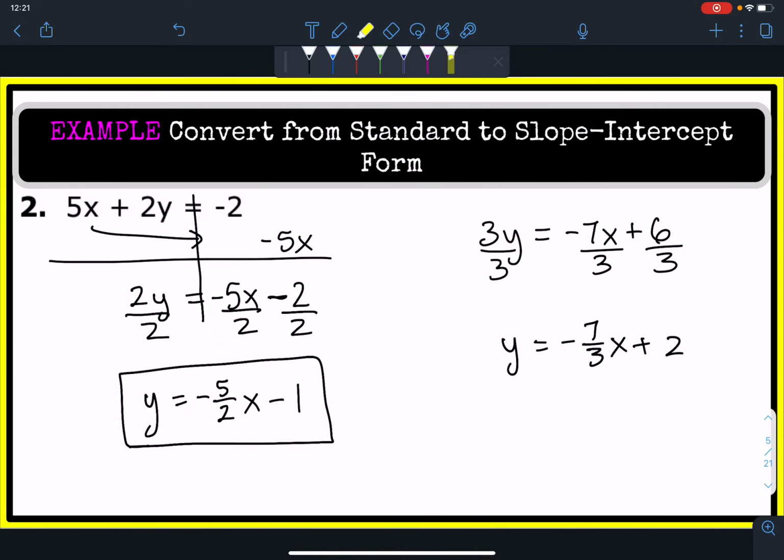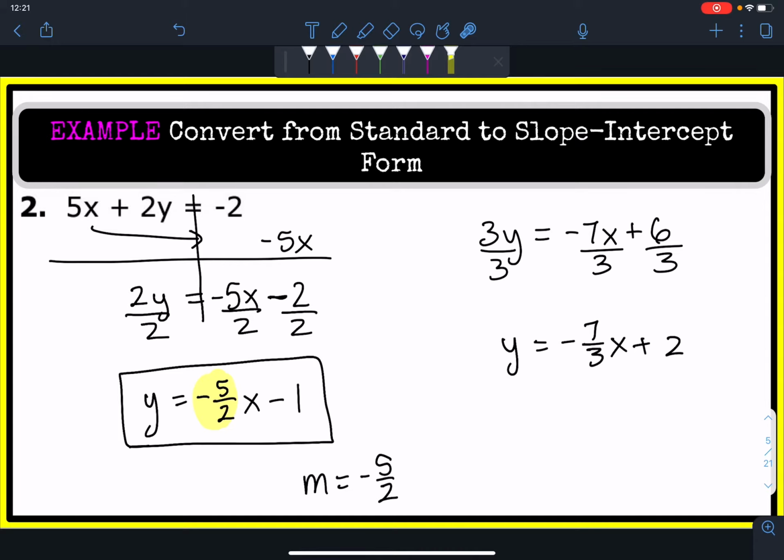On the second one, now that we have it in slope-intercept form, the slope of our line is negative 5 over 2. And again, we're focusing on the slope-intercept because there's an easier way of identifying the y-intercept. If I'm interested in identifying the y-intercept, then I would just simply divide this number by that number. But again, I'm getting off track here, and let's focus on what the slope of our line is.